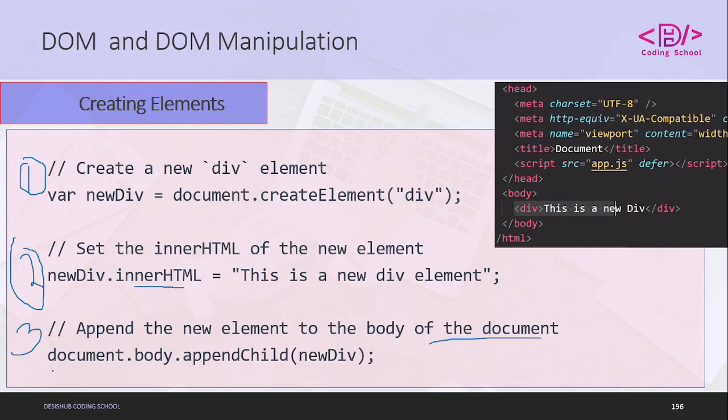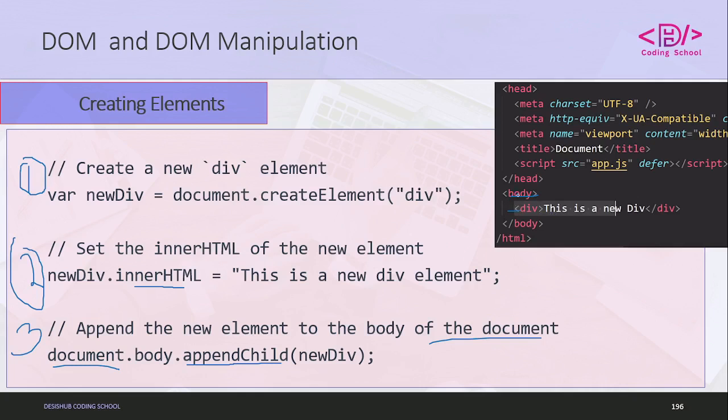And we say document, remember this refers to the HTML document, .body, so we are accessing the body, this one. And on that body, we call a method called appendChild. This appendChild means it is appending a child inside here, and this one is the parent, this one is the child.